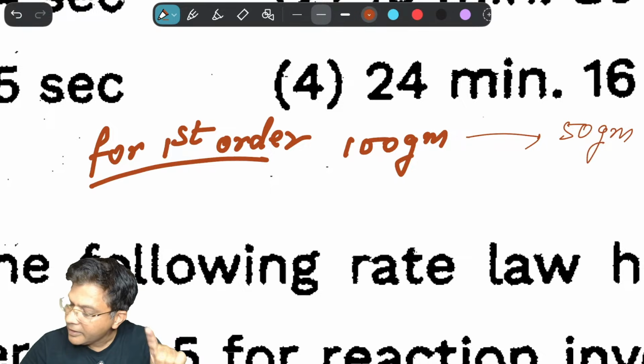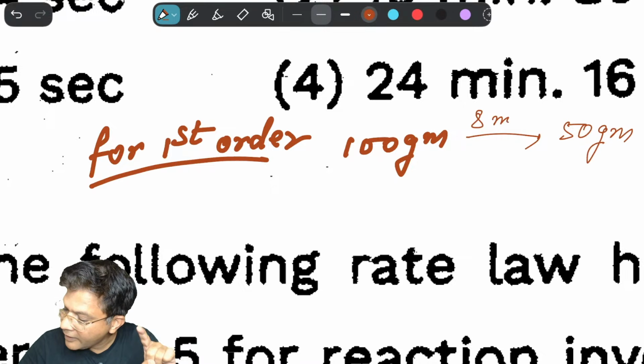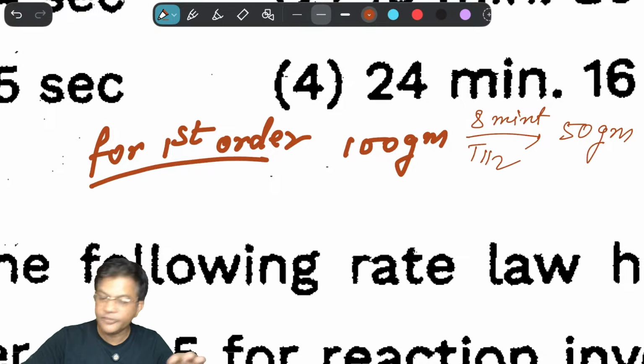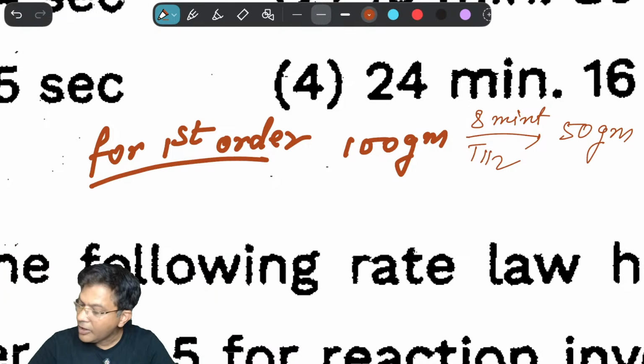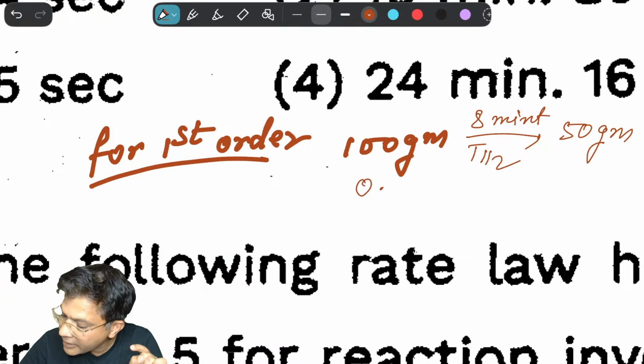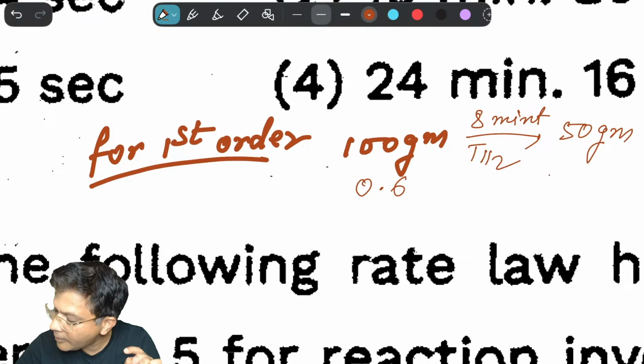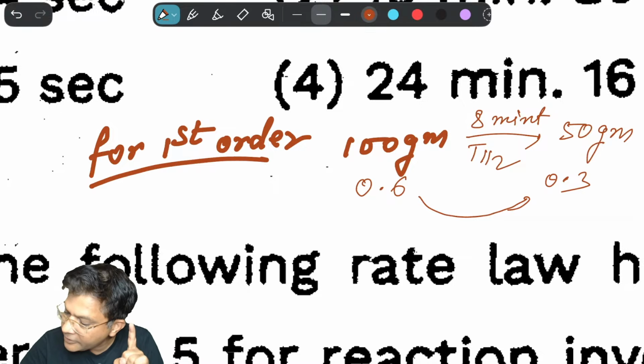If I say its T half is 8 minutes, because it is becoming half, then from 0.6 it will become 0.3 in how many minutes? In 8 minutes.